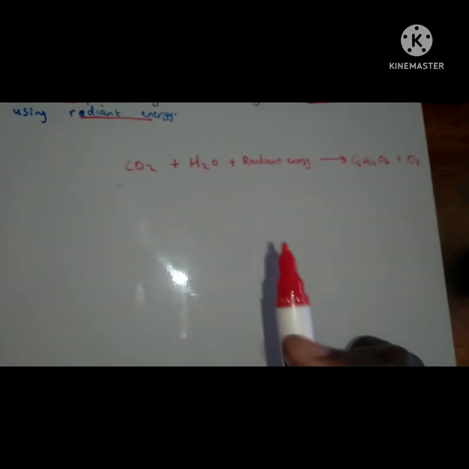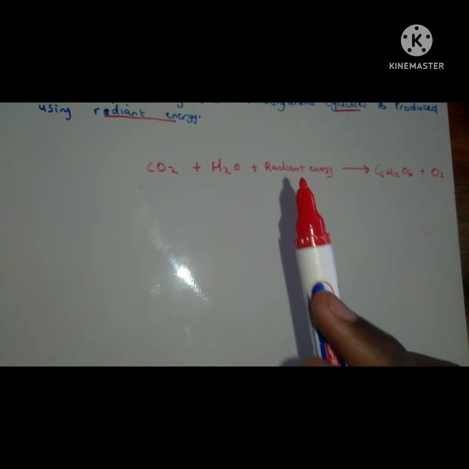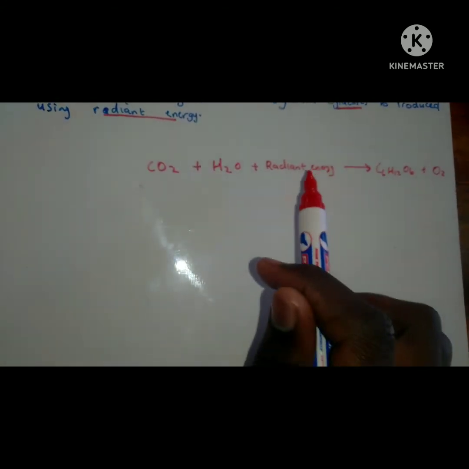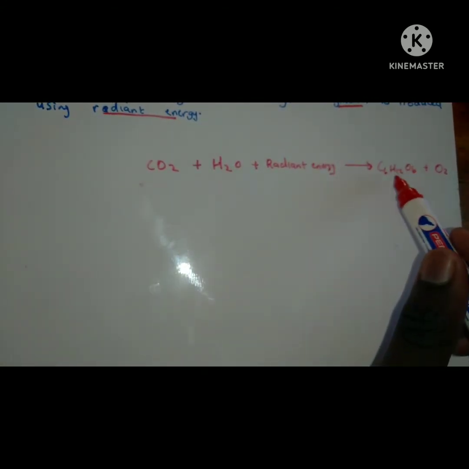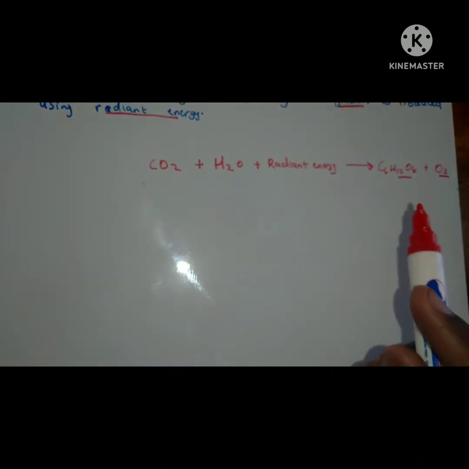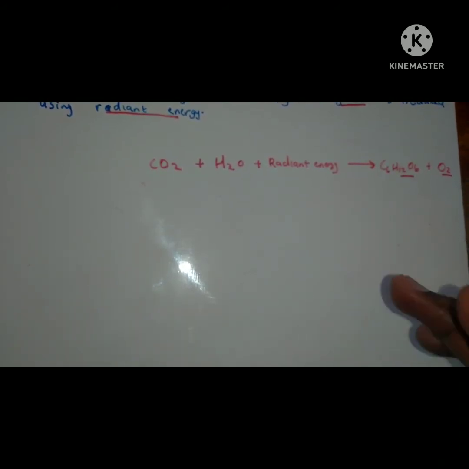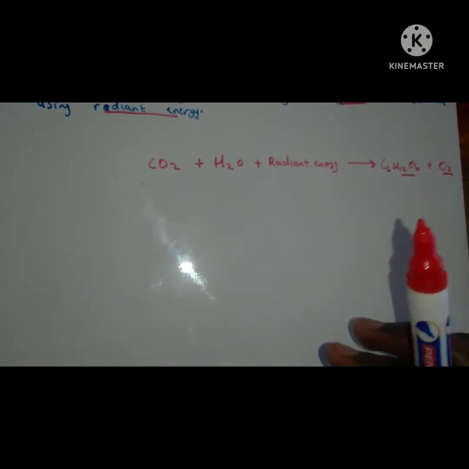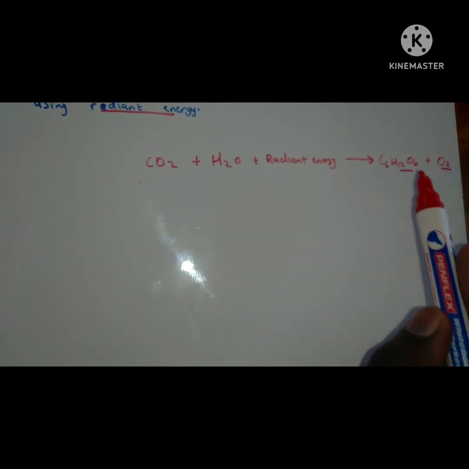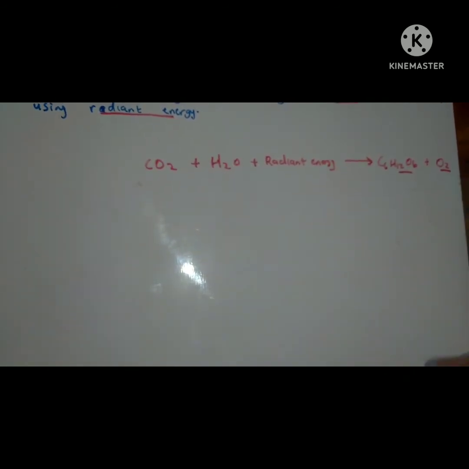So by synthesizing using radiant energy, we aim to produce glucose and oxygen. Therefore, we will conclude that we have done photosynthesis. Otherwise, when we don't have glucose as a product and when we don't have oxygen as a product, there is no photosynthesis.